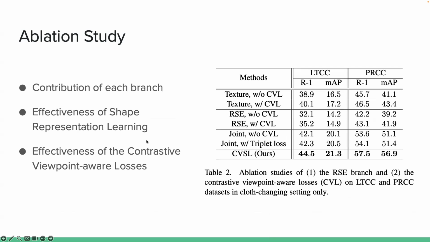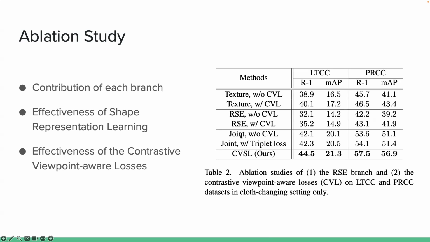In the ablation study, first we analyze the contribution of each branch to the overall framework, where we can see that texture still contributes more to the overall framework because texture remains more competitive when people do not change or only slightly change clothes.